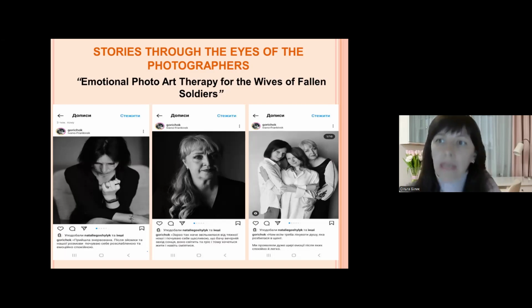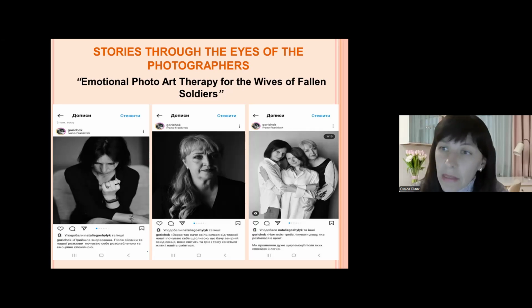During the first stage, Serhiy let the woman open her heart. Usually her feelings were about sorrow, about loss, and you can see in the first picture that the woman looks very depressed. The second stage was a little bit opening.